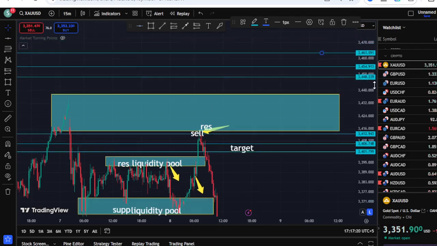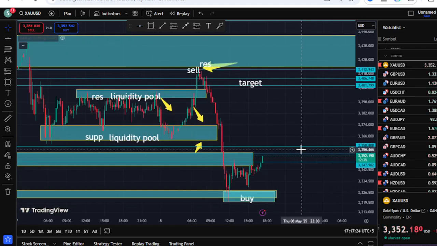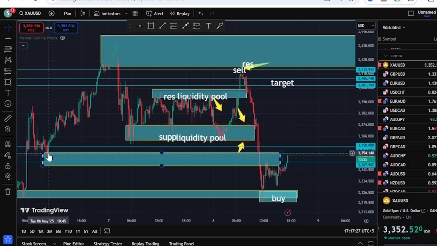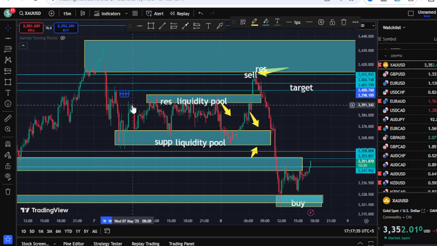Now why have I told you about the market structure? Why have I told you that this is the higher high and higher lows? Now you can see, if we talk about this level, the market has made the higher low here. Why has it made the higher low here and lower high here?